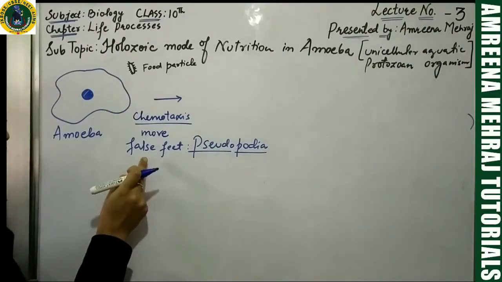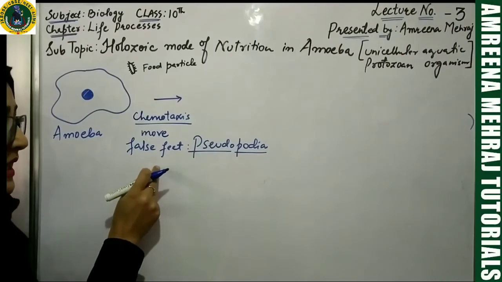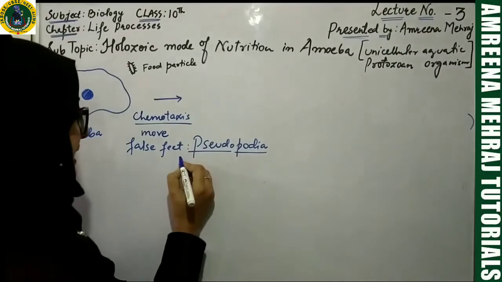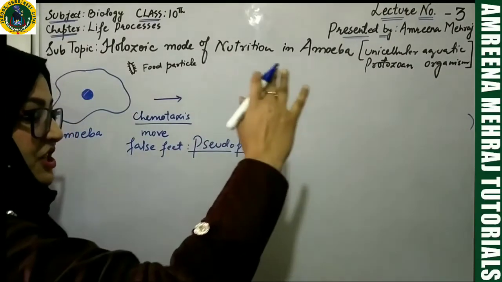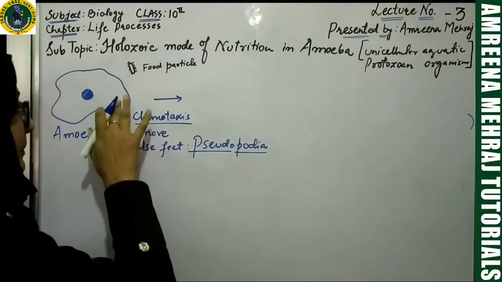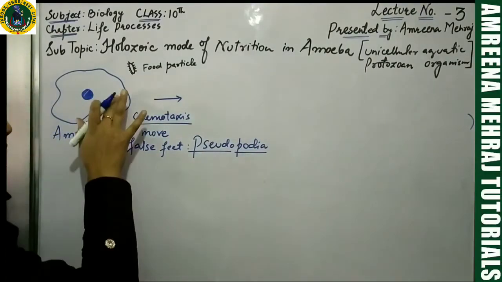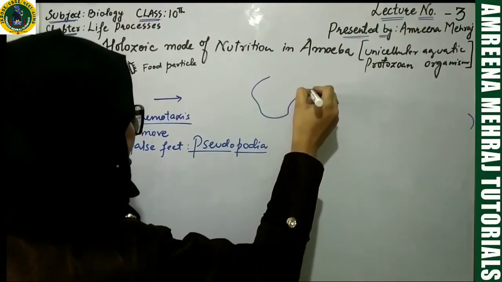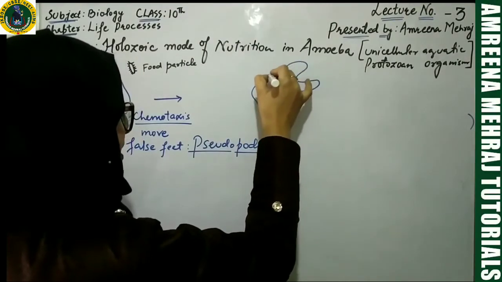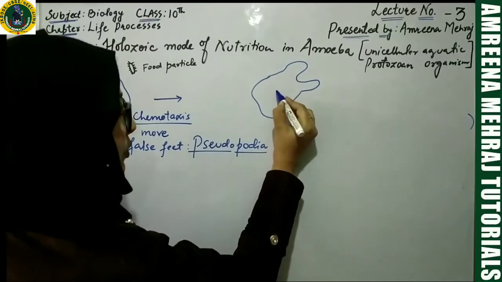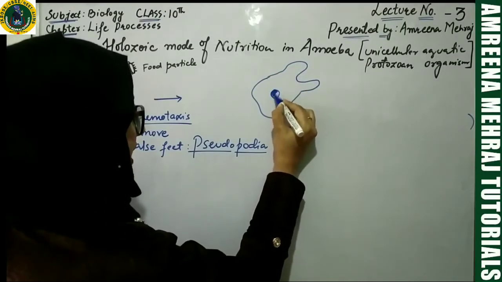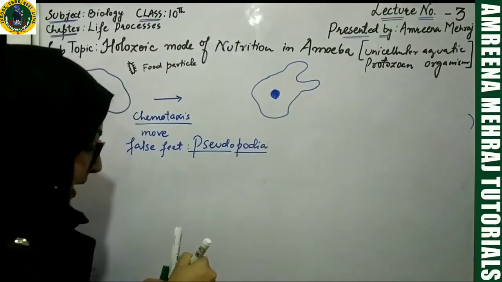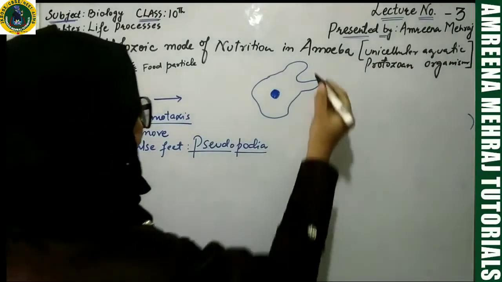So what is a pseudopodia? They are basically the evaginations, the extensions of the plasma membrane. So what will happen is something like this. This is your amoeba. It will produce these pseudopodia. See, these two are the pseudopodia. This is the nucleus of amoeba, and over here is your food particle.